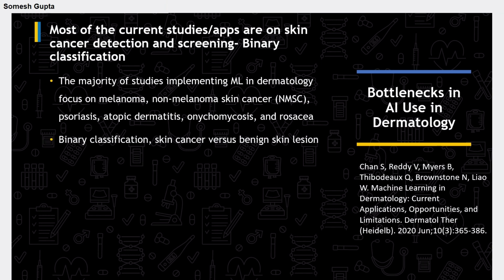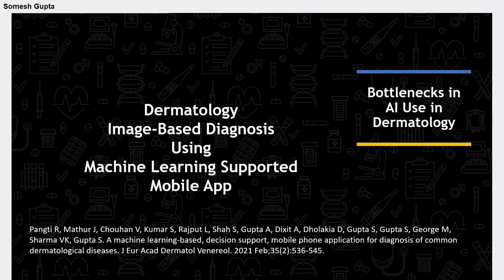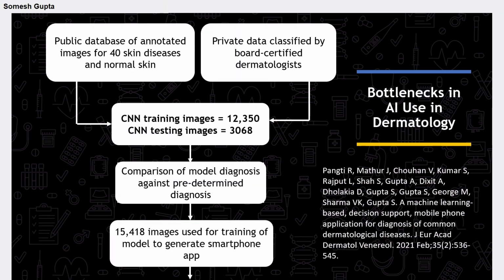When we tried to develop an application with 40 diseases and later on with 50 diseases, and tried to test it in a real-world clinical situation, the results were something I'm going to discuss briefly.